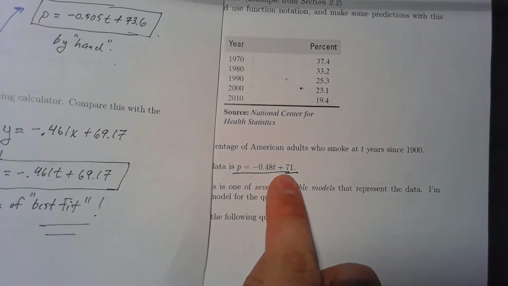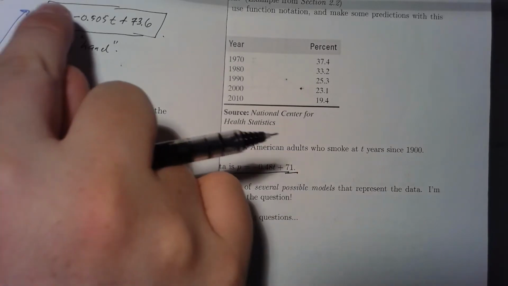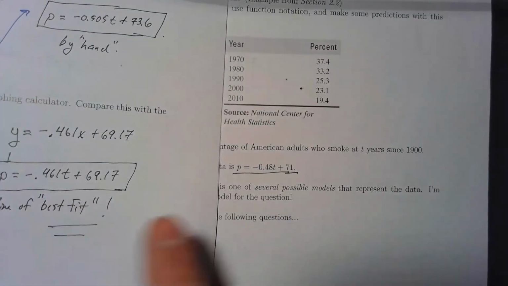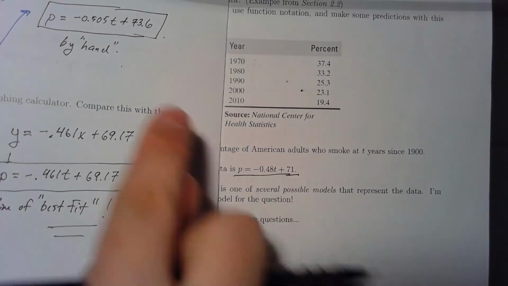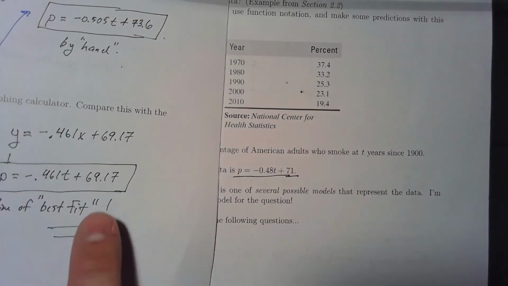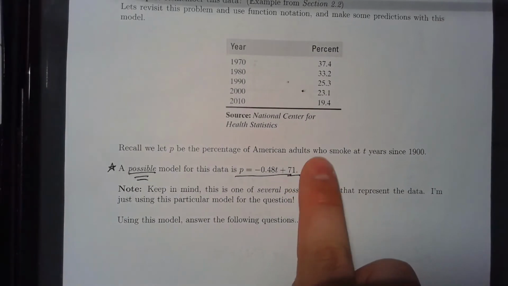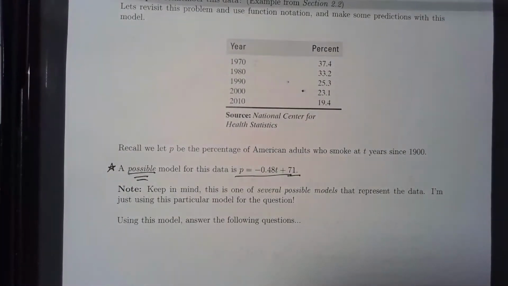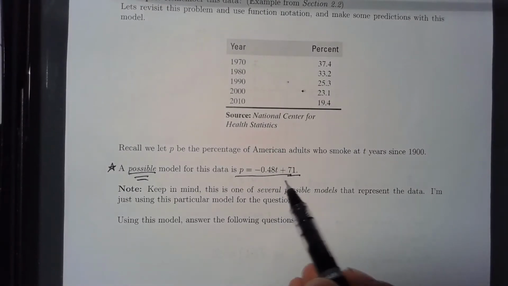This is just another model, just like this one's another model and this one's the best model, but all three of these can represent this data. Normally we would use the line of best fit, but just for the case of this problem, we're going to use this one. That's all.